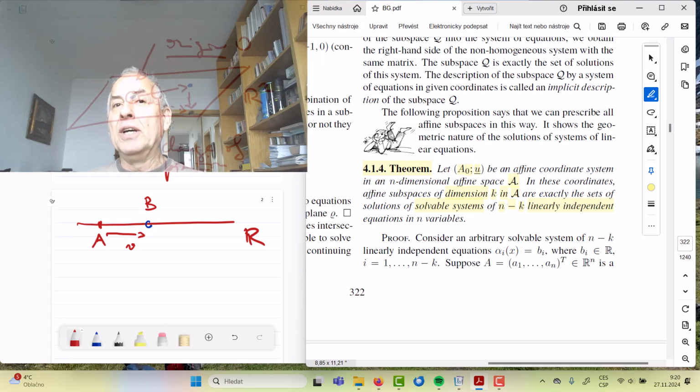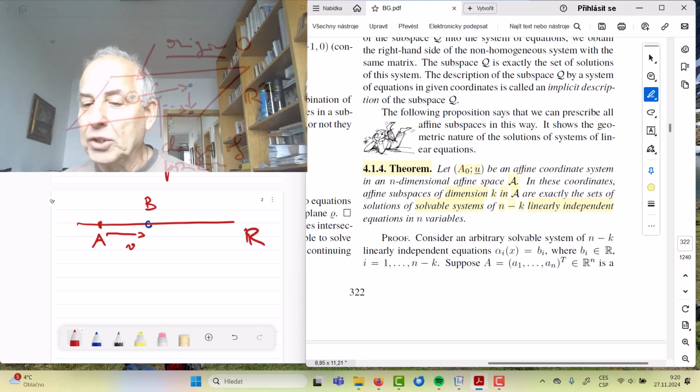So that's again something very important to have in your mind if you handle big data. Very often you are handling big data, but you are interested in small-dimensional gadgets there, which will be of the kind of an affine space.